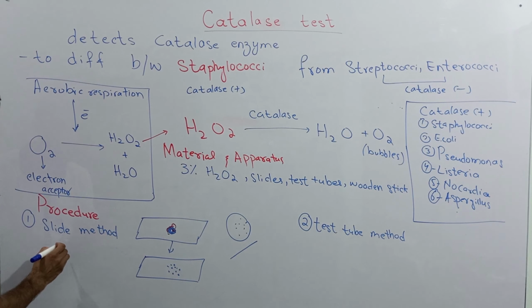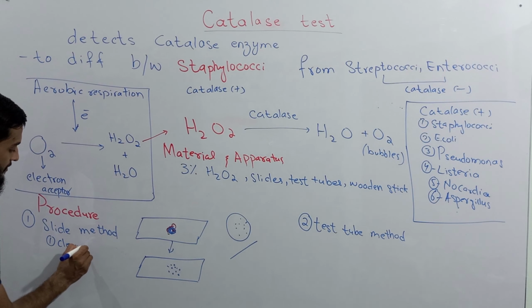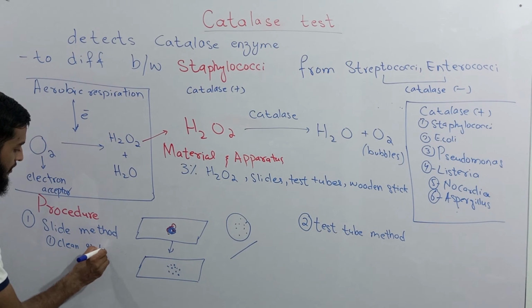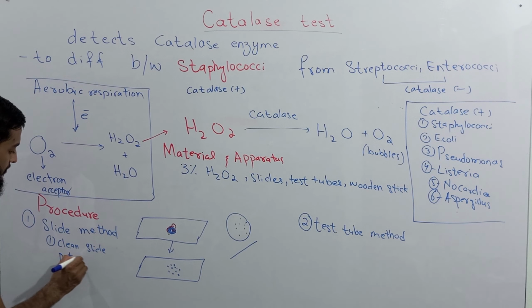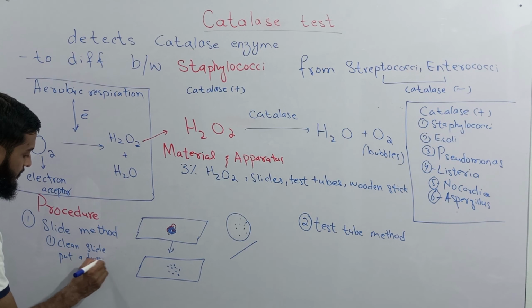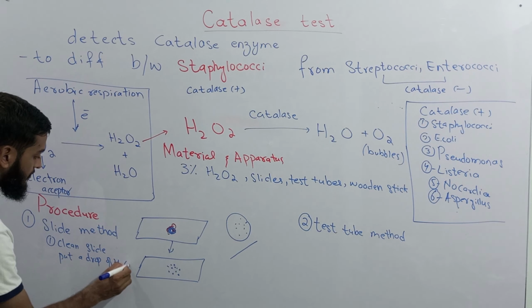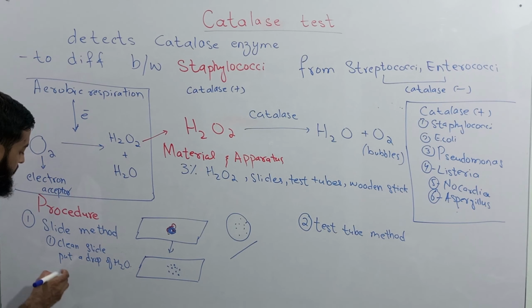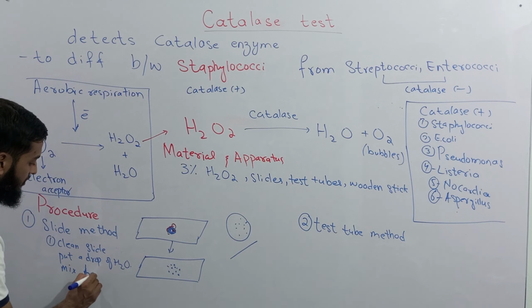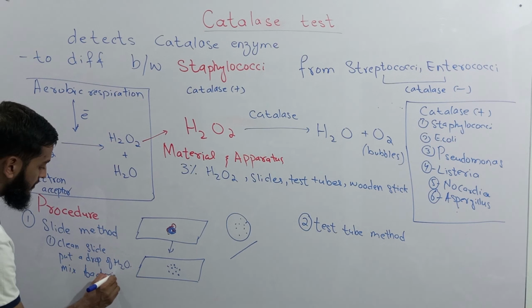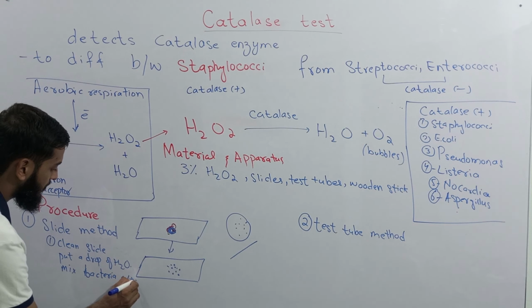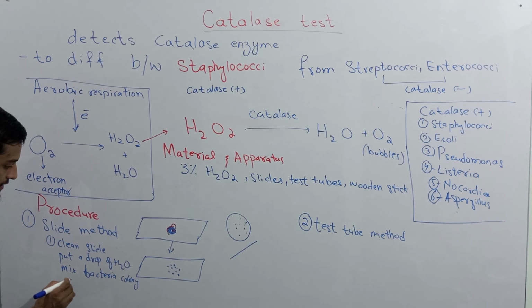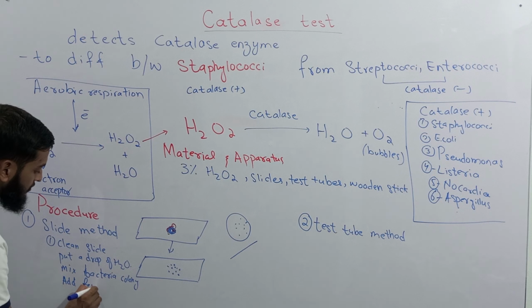So in slide method, we took a clean glass slide, put a drop of water, mixed the bacterial colony, and then added a few drops of hydrogen peroxide.